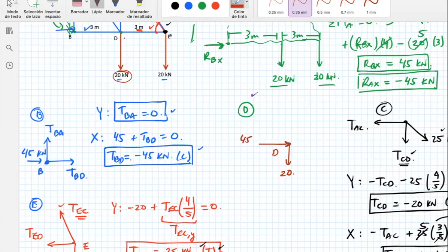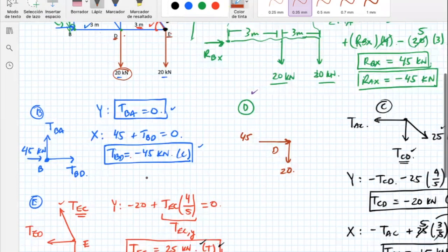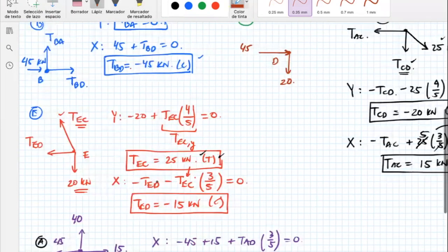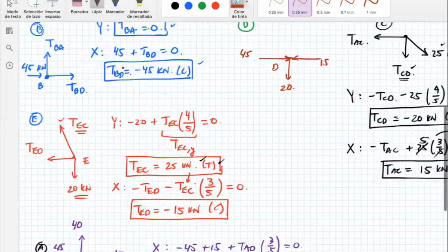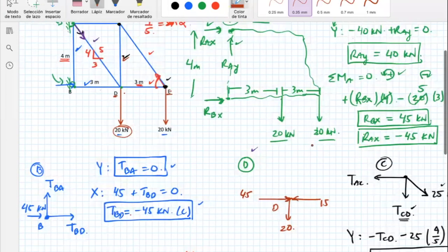Now, what about DE? DE or ED is the same thing. Therefore, it's in compression, so I'm going to put this 15 kilonewtons here. So far, so good. Now, what about CD?